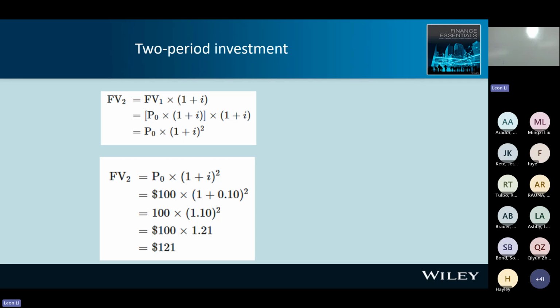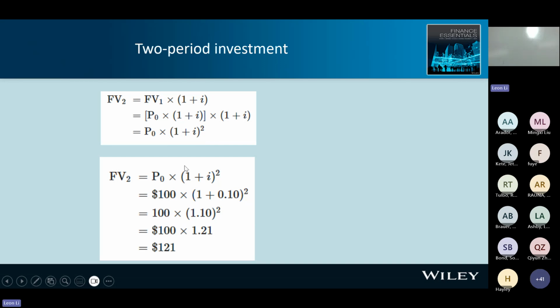Now we do a 2-period investment, all right? Now we concern the future value at year 2. Future value at year 2 will be future value at year 1 times 1 plus I again. Therefore, it's P0, principal at year 0, times 1 plus I with power of 2.